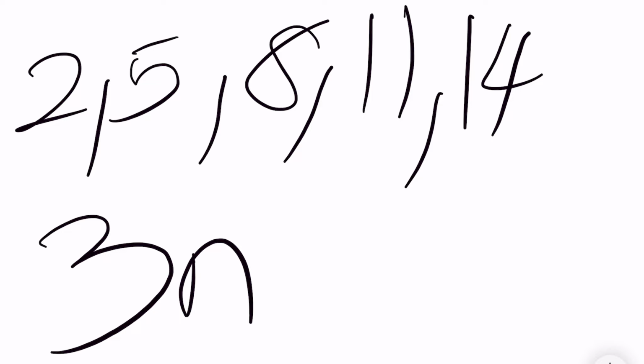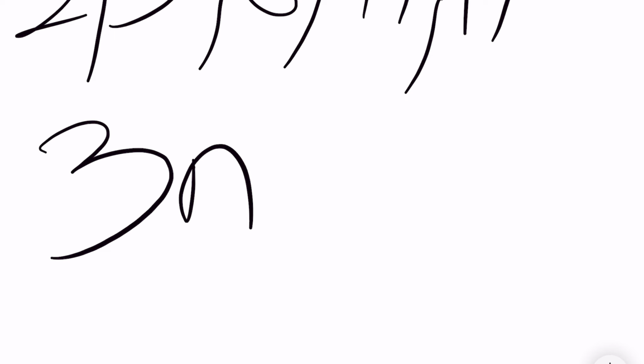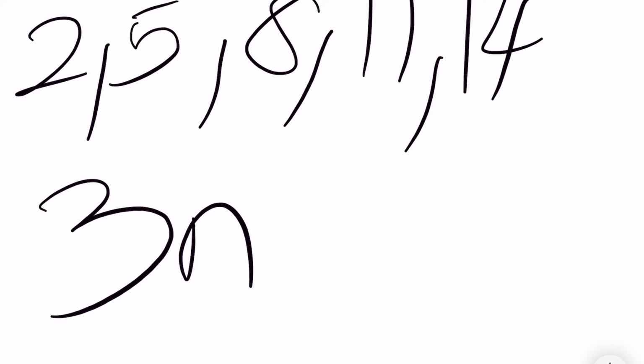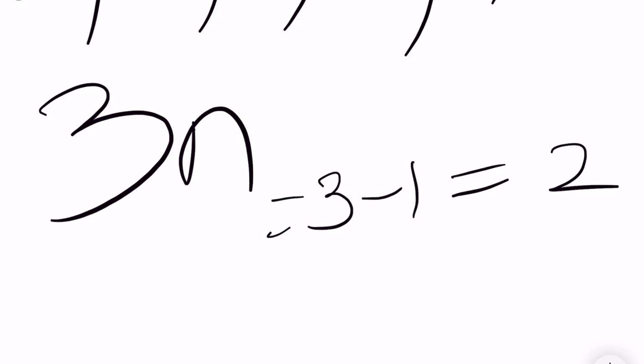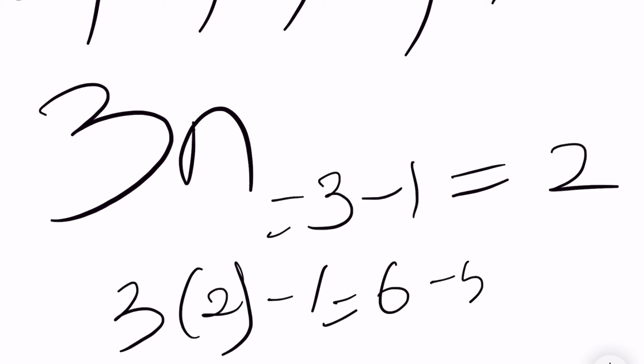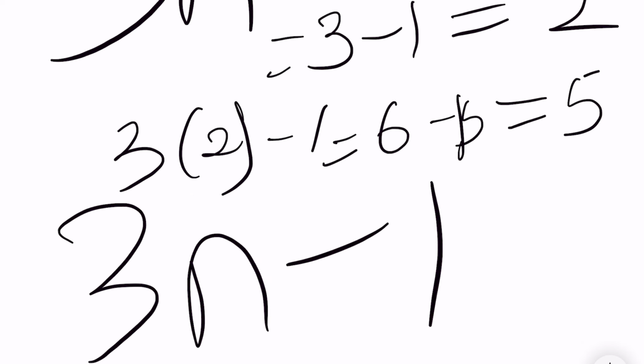Now, what do we do when 3 is not working, 6 didn't work, 5 didn't work? So 3n, when n is 1, 3 times 1 is 3 minus 1. This is 2. Let us try when n is 2. So we have 3 into 2, we have minus 1. We have 6 minus 1. We have it to be 5. So basically, our answer will now be 3n minus 1.